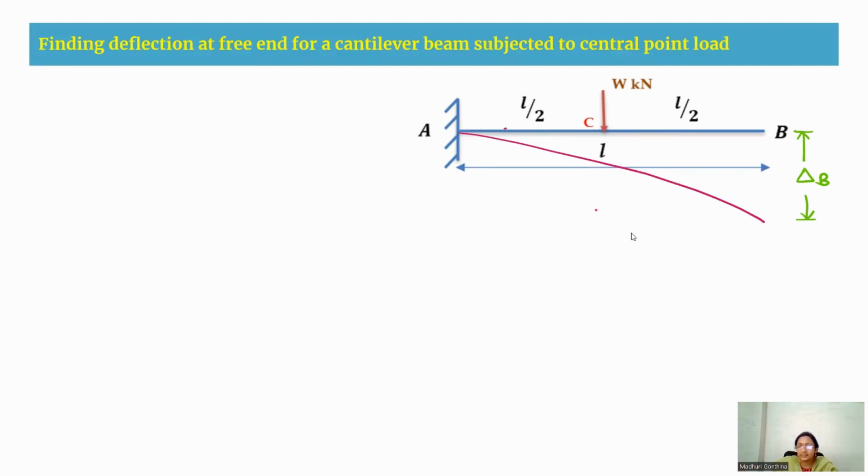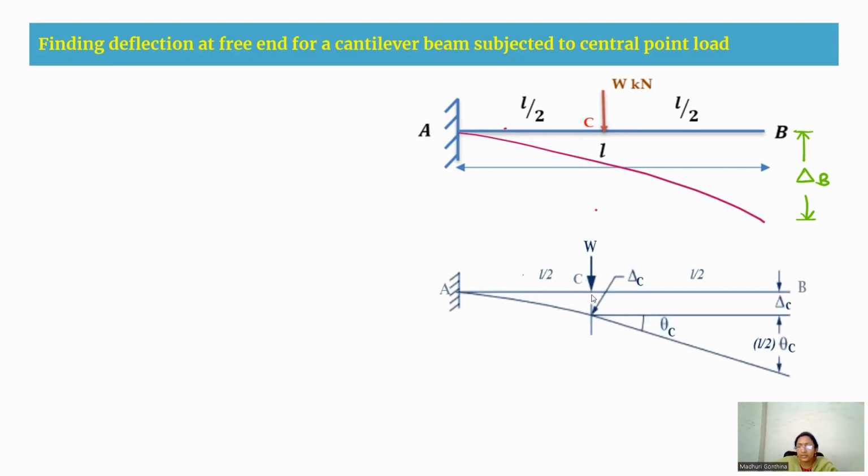To get this, you can see in this picture, at the load you have a delta C, that is the deflection at this point C. Now what I am going to find is delta B. This delta B will be equal to delta C plus delta 1. So my aim now is to find delta 1. To get this delta 1, I am going to take this triangular portion.